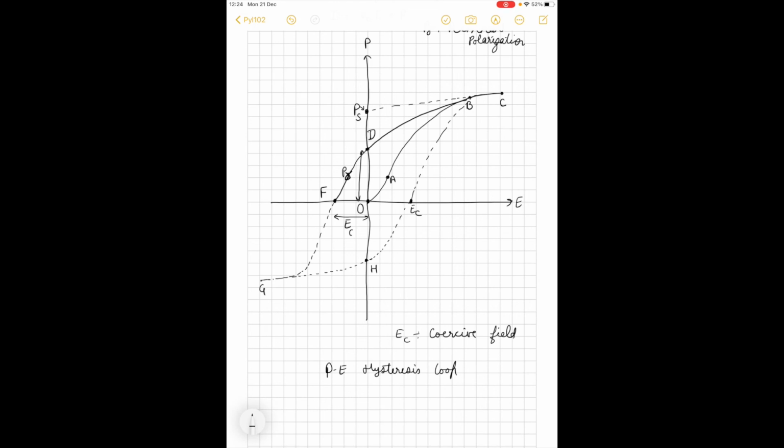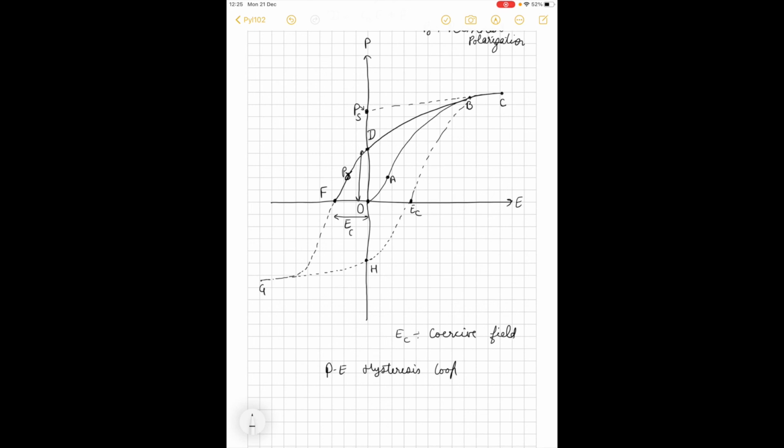It's just that once we reverse the direction, the polarization doesn't follow the same path that the system took before. So we went from O to A to B, C, but when we decrease the electric field, instead of going to O, we went to D. The system keeps some polarization in it.